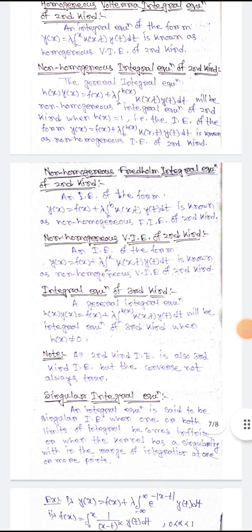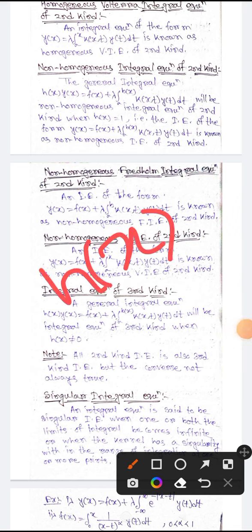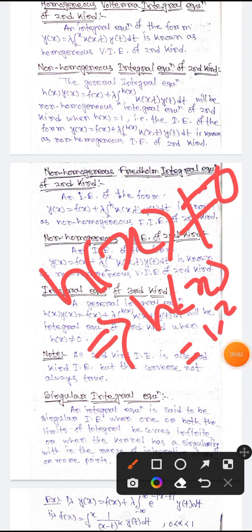Here we give a note that all second kind integral equations are also third kind. Why? When h(x) not equal to 0, it implies h(x) equals 1, 2, and also when h(x) equals 1, it's called second kind, and when h(x) equals 2, 3, 4 and also 1, it is also called third kind.